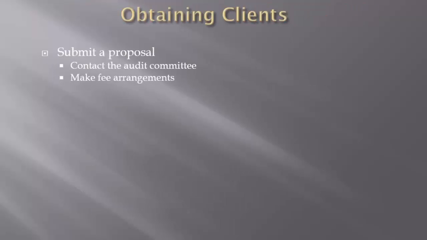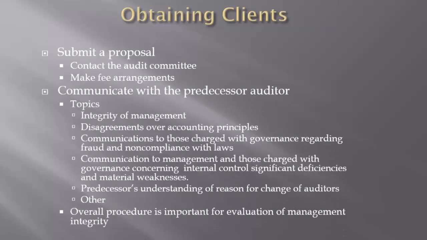Chapter 6 is really talking about obtaining the client and the planning procedures in terms of a new engagement. So when I have a proposal, make arrangements. Now, you notice this, that what we're interested in is communicating with the predecessor auditor.